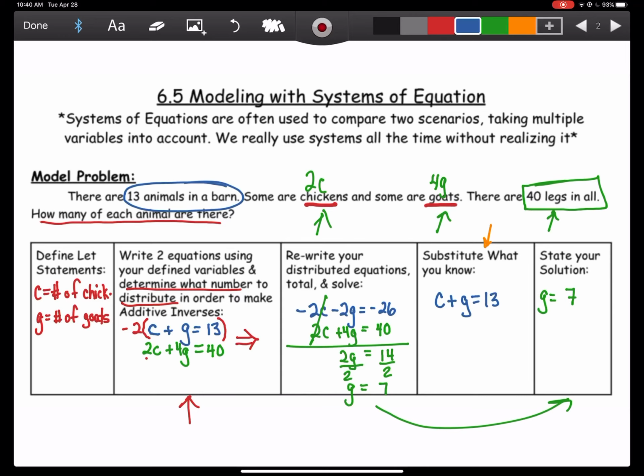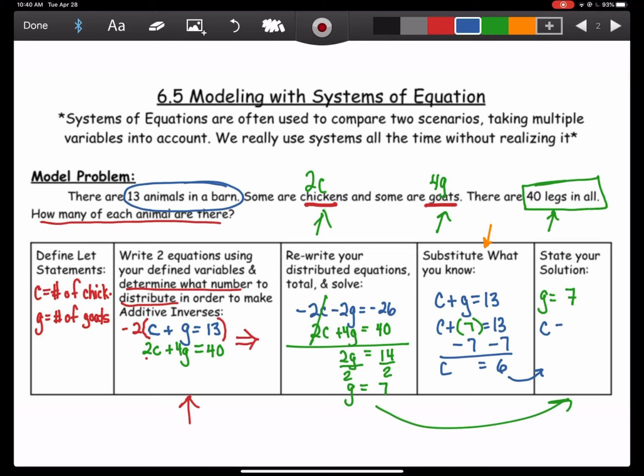This is the simpler of all the equations. And I'm going to substitute what I know about g. So I know that g is really 7. I subtract and I get that c is equal to 6. So that comes over to our solution.